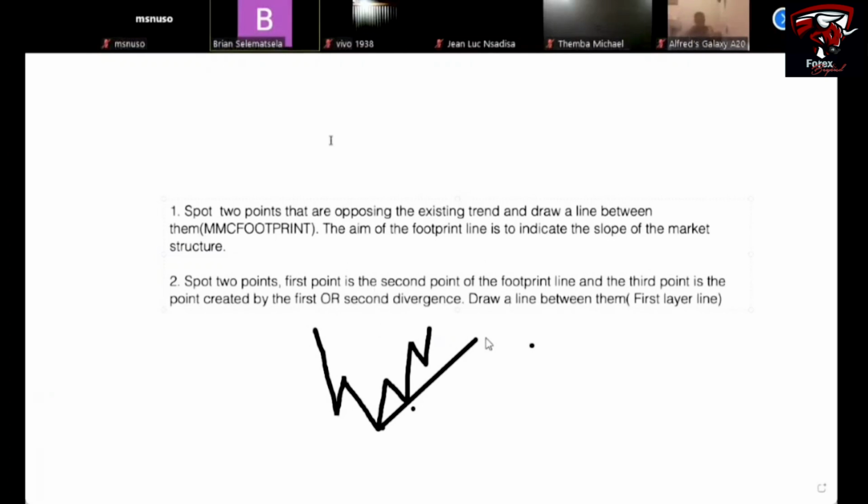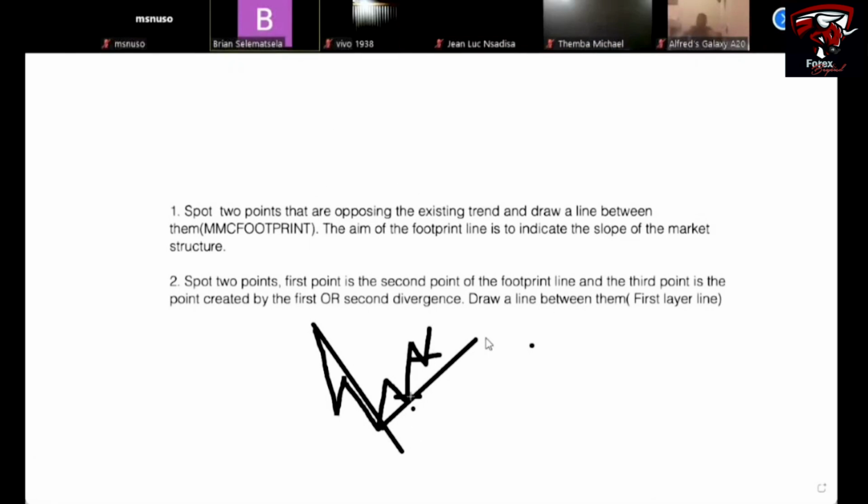Sometimes you draw your footprint line, your first layer line, and it is about here, and you have to make your entry about there. When you make your entry there, on the second divergence, you can make your entry there while going up.